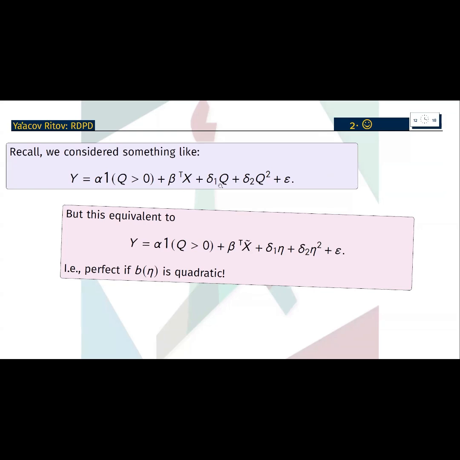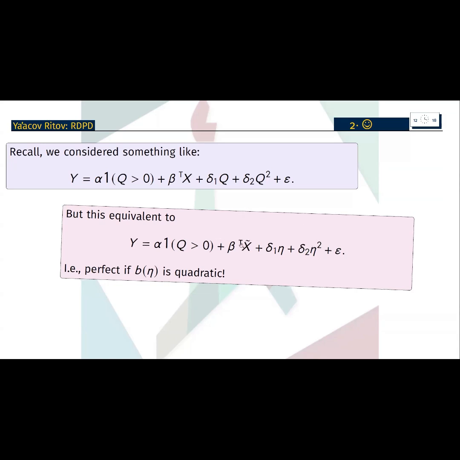This, of course, by simple algebra, is equivalent to writing something like that, except that eta here is not observed and Q here is observed, but otherwise this and this are completely equivalent, can be translated. If I put this model and I put this model, I do the same delta 1, delta 2.